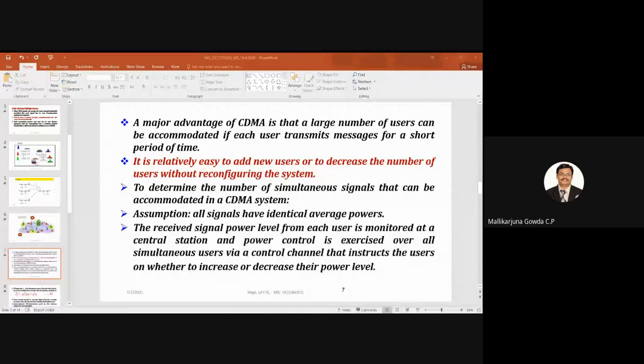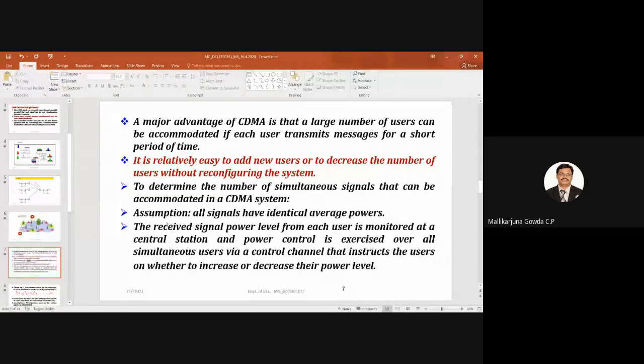The second one is that the received signal power level from each user is monitored at the central station, and the power control is exercised over all simultaneous users via the control channel that will instruct the users on whether to increase or decrease their power level. Hope you are getting my point.